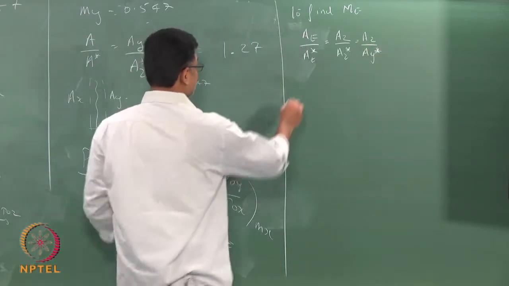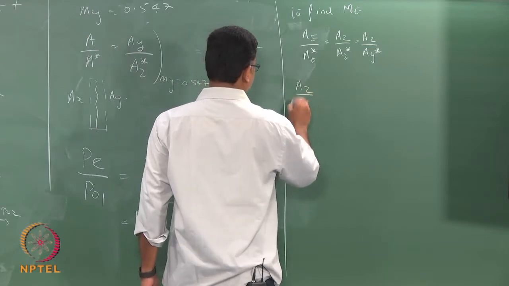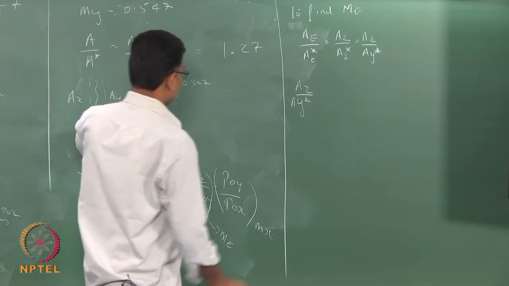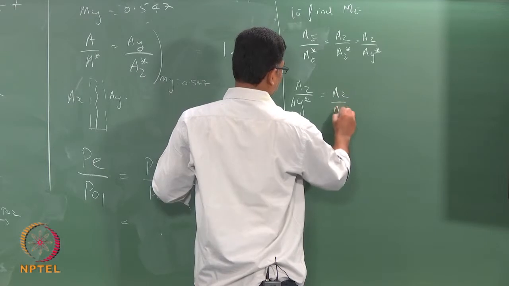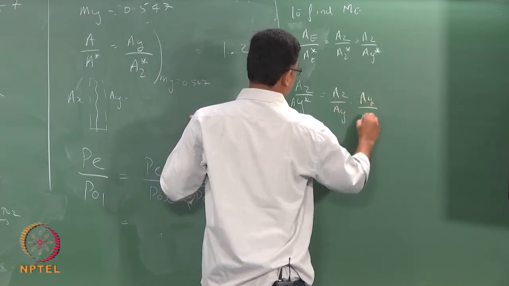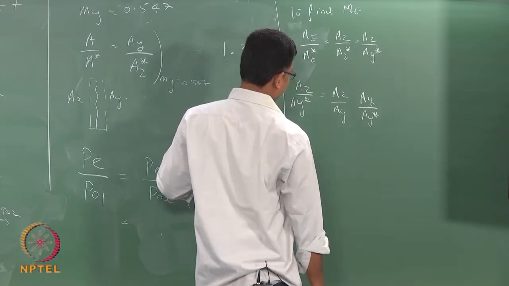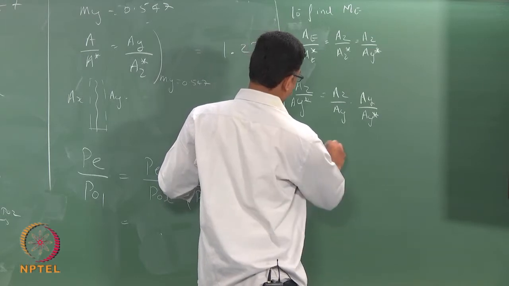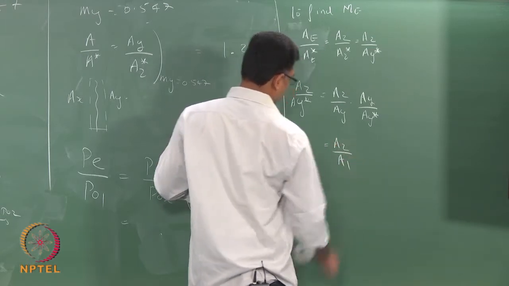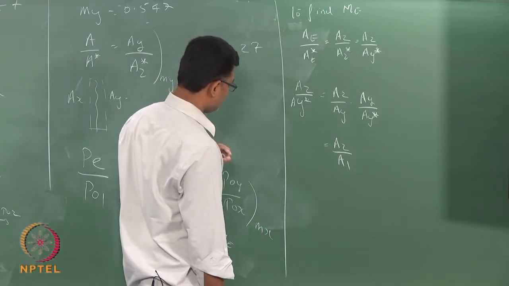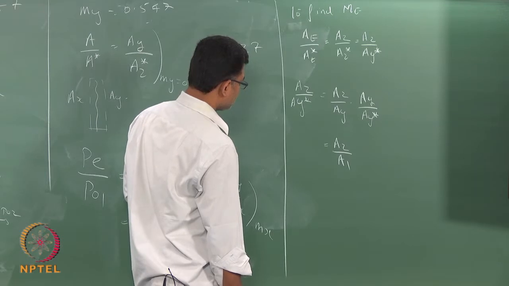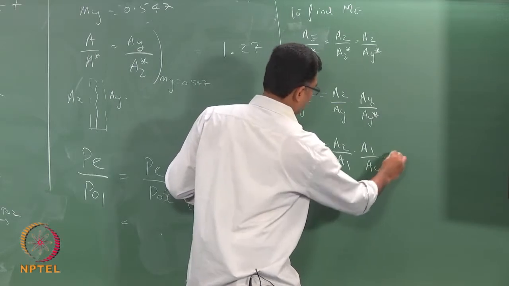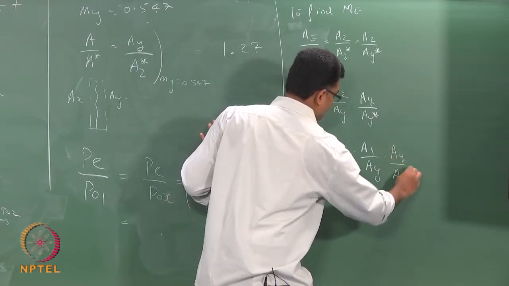So I need to find A2 by AY star, which I can rewrite as A2 by AY into AY by AY star, which I can write as A2 by A1 into A1 by AY into AY by AY star.